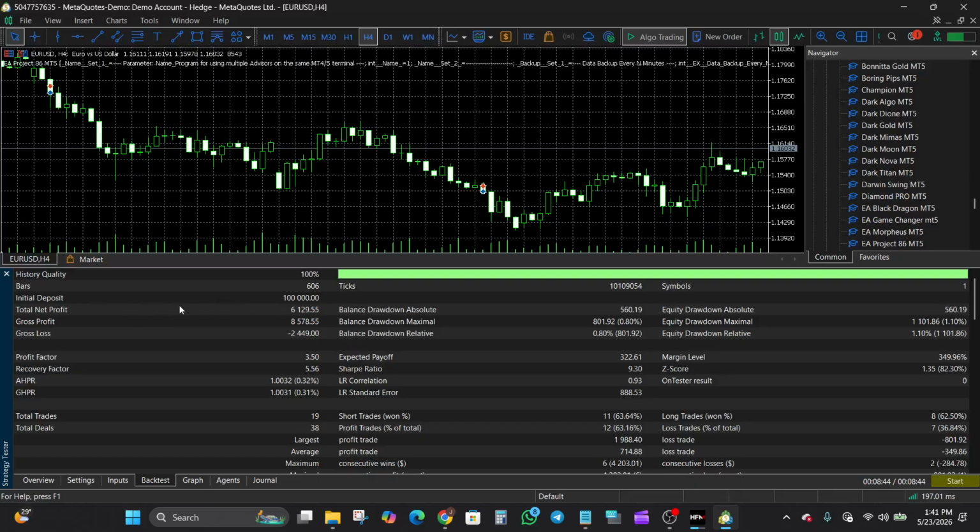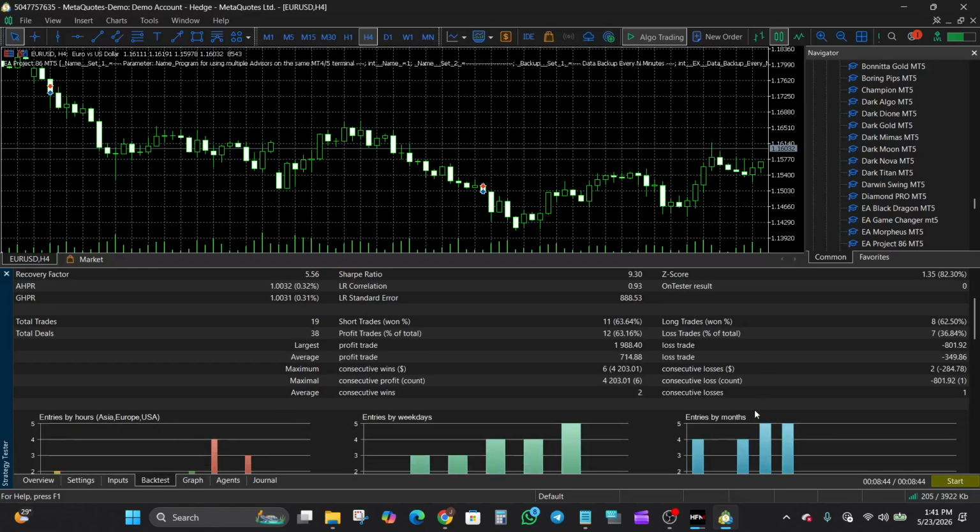You can see that from an initial deposit of 100,000, there was a total net profit of 6,129.55, and we had 19 total trades. 11 trades were short with a 63.64% win rate, and then we had 8 long trades with a 62.5% win rate.